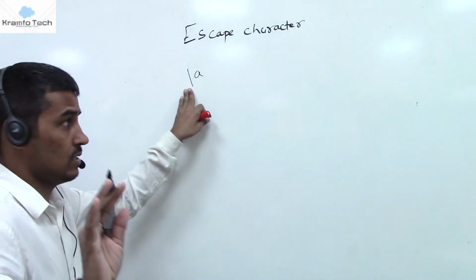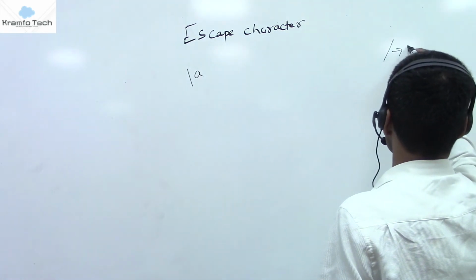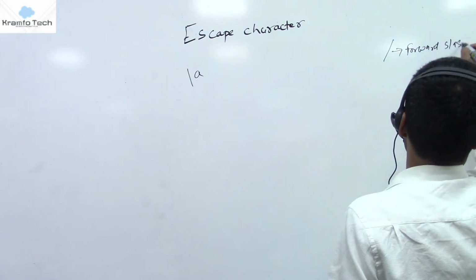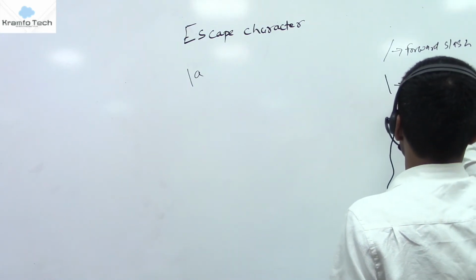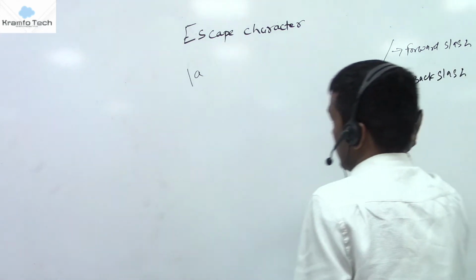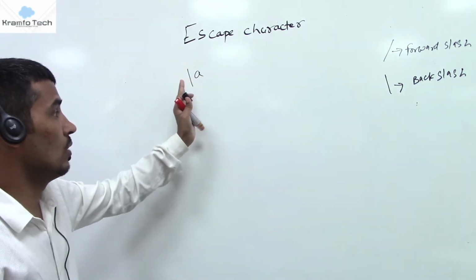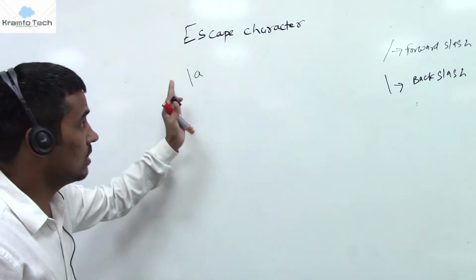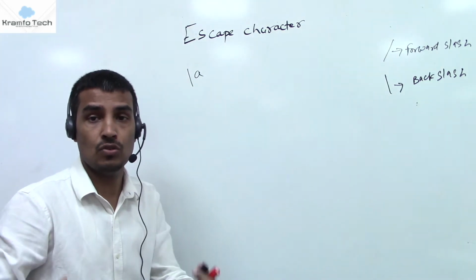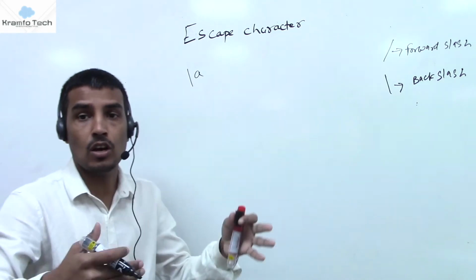There are two slashes, always remember: one is the forward slash and another one is the backslash. Keep in mind that in escape characters we always use the backslash. These escape characters are hidden characters which help us format the output better.